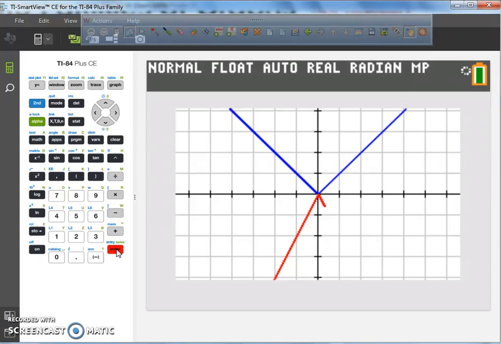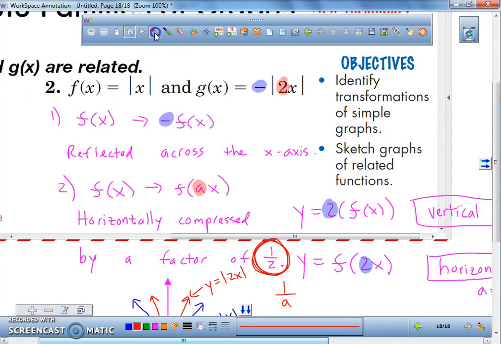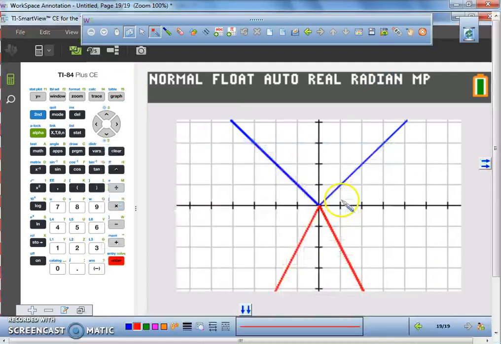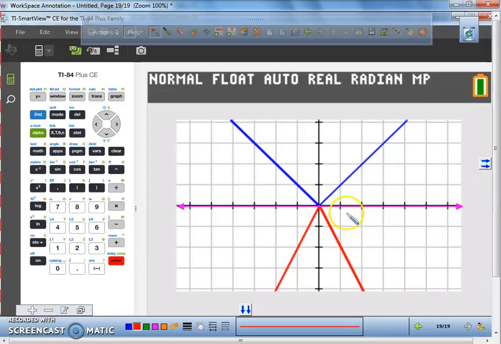Now I paused it. If you hit enter, you can pause it as you're graphing it. Mine's pretty fast, so pause it. But understand, you see how these have been reflected across the x-axis. Right here, it's reflected across the x-axis, and it's moved away from the x-axis.